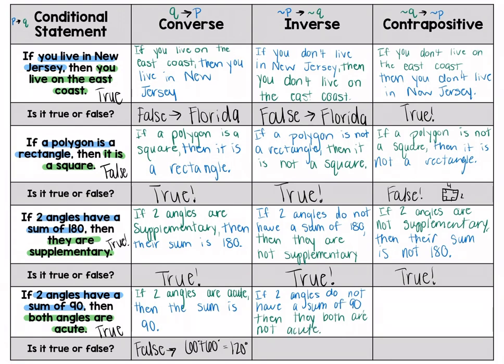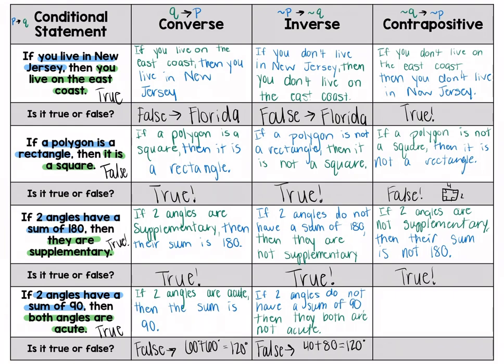Right? And is that true or false? That would be false, because if they do not have a sum of 90, that doesn't mean that both of them can't be acute. Well, if I have an acute angle like 40 plus 80, one of them is acute, but the sum is 120, and that's not a sum of 90. So if they do not have a sum of 90, and both angles are not acute, then that would not be true. So that's false.